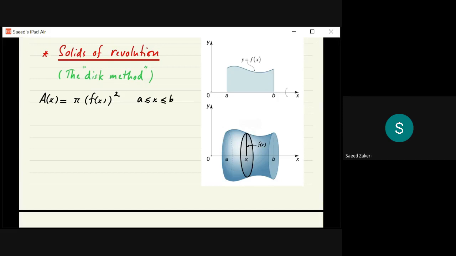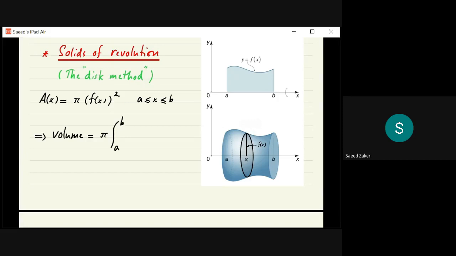So there is a very simple formula for the cross-sectional area function if the solid comes from revolving the area under the graph of f. It's just pi f of x squared. And therefore, the volume of such a solid of revolution is the integral of this A of x from a to b. Since pi is a constant, I can put the pi outside the integral.